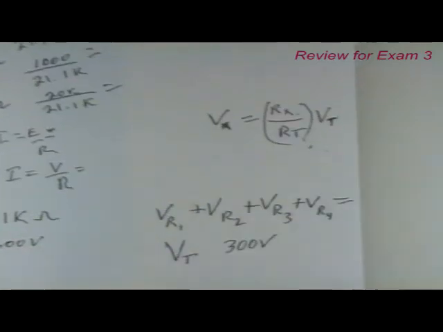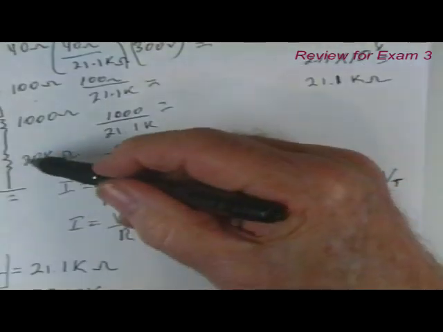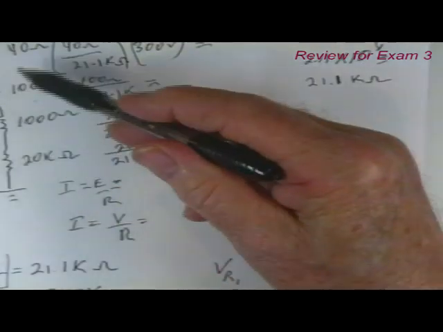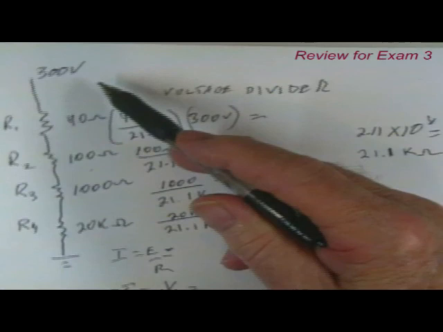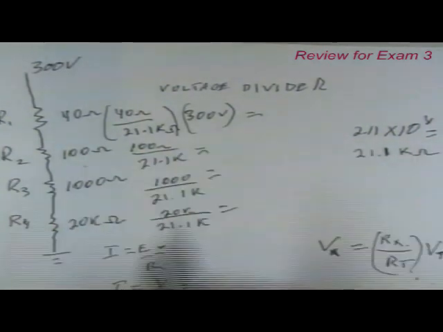If you don't get, by adding those voltage drops across these resistors, the total voltage here, then you've done something wrong, and you probably should go back and try it again. Okay, that's just a matter now of punching these into your calculator and moving on to the next problem.